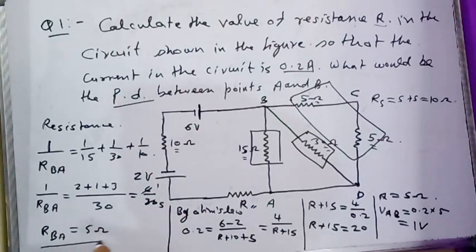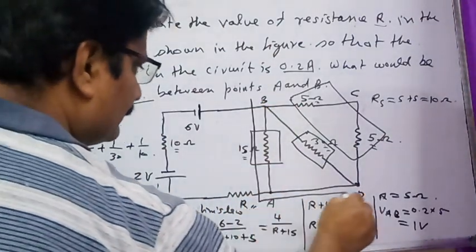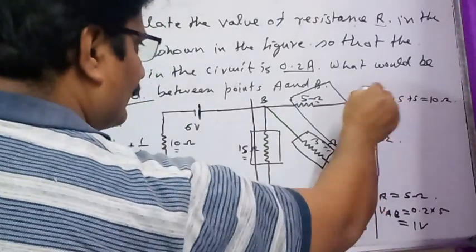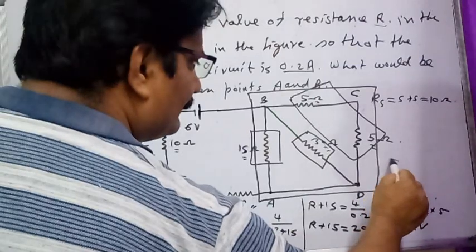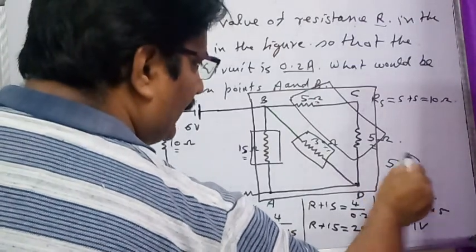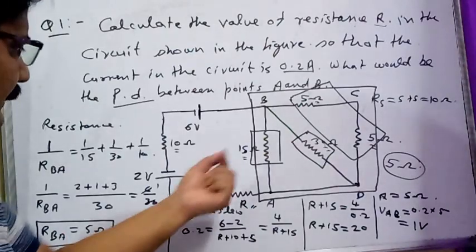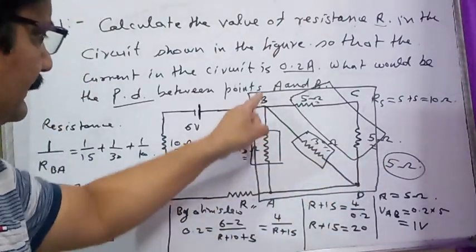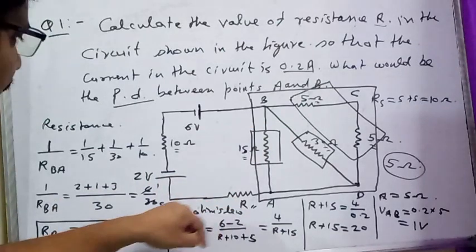The value of the resistance RBA, the resistance of the circuit up to there, is 5 ohm total resistance.